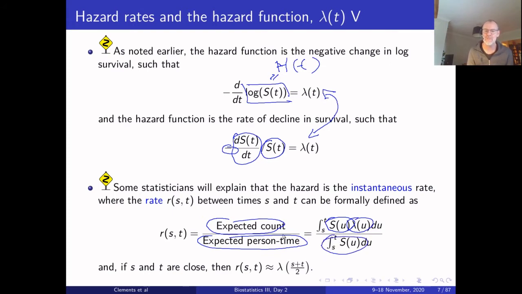What this shows is that as s and t get closer and closer together, the instantaneous rate gets closer and closer to the hazard. If s and t are wider apart, then the rate becomes a weighted sum of the hazards.